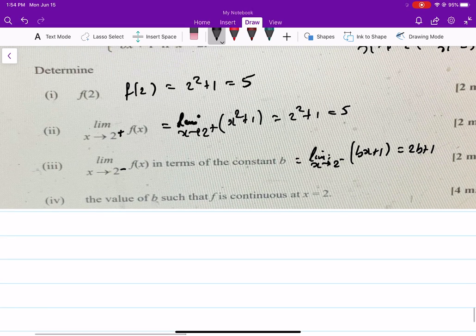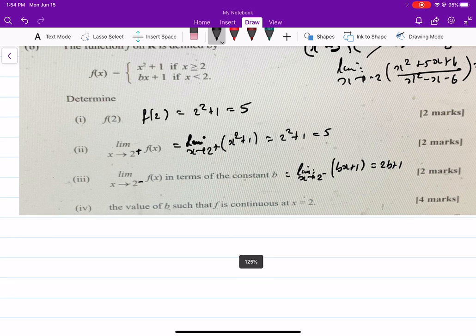And then they want the value of b such that f is continuous at x equal to 2. But for the function to be continuous at x equal to 2, 3 conditions must hold. First of all, the limit as you approach from the left must be equal to the limit as you approach from the right.